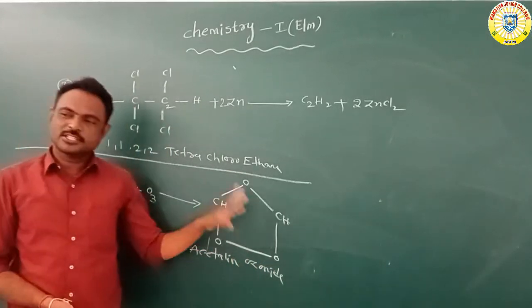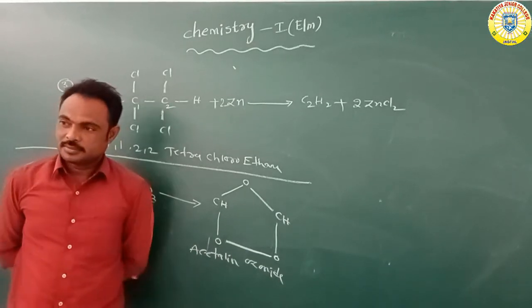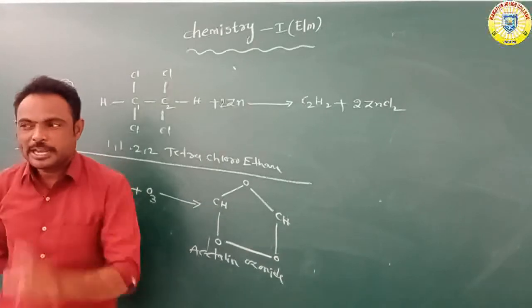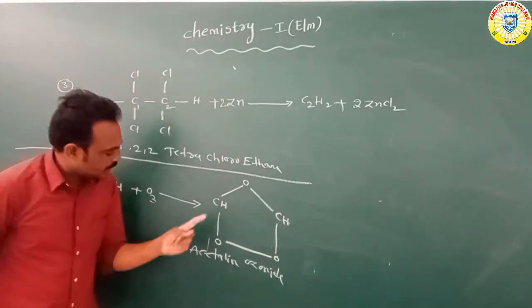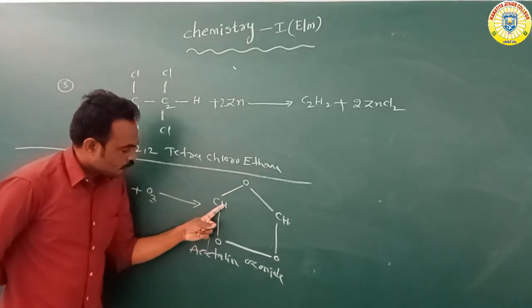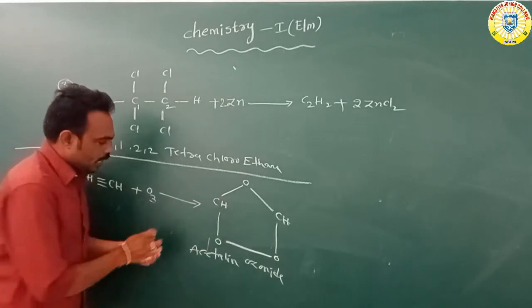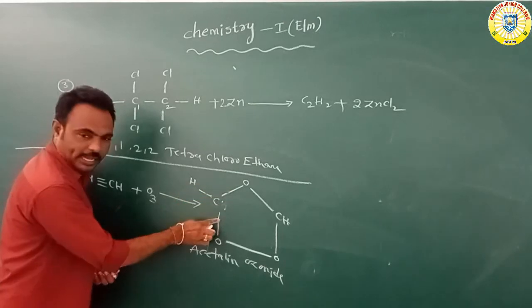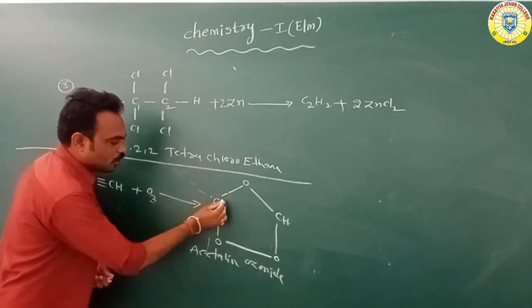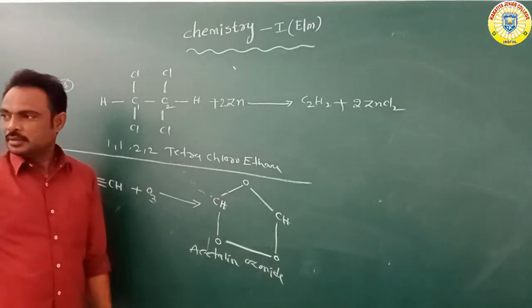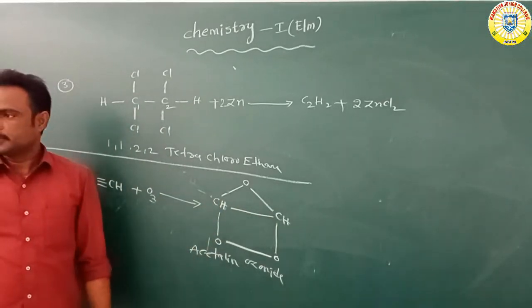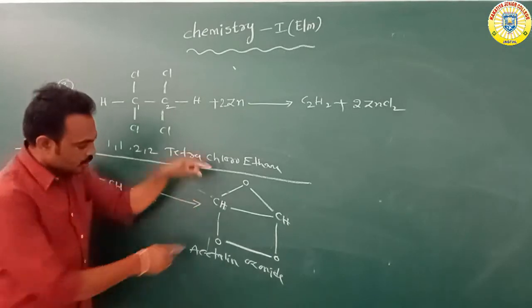But it is wrong structure because every carbon has 4 bonds. Each carbon contains how many bonds? 4 bonds. But this carbon has 1, 2, 1 hydrogen, so it is attached with H. So 1, 2, 3, so only 3 bonds. Remaining bond, okay, so here 4 bonds.